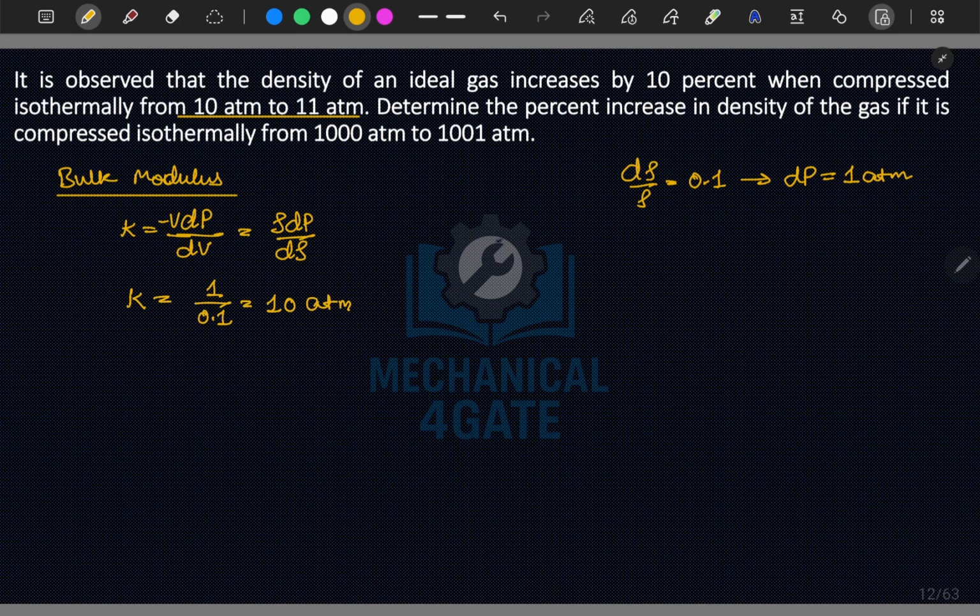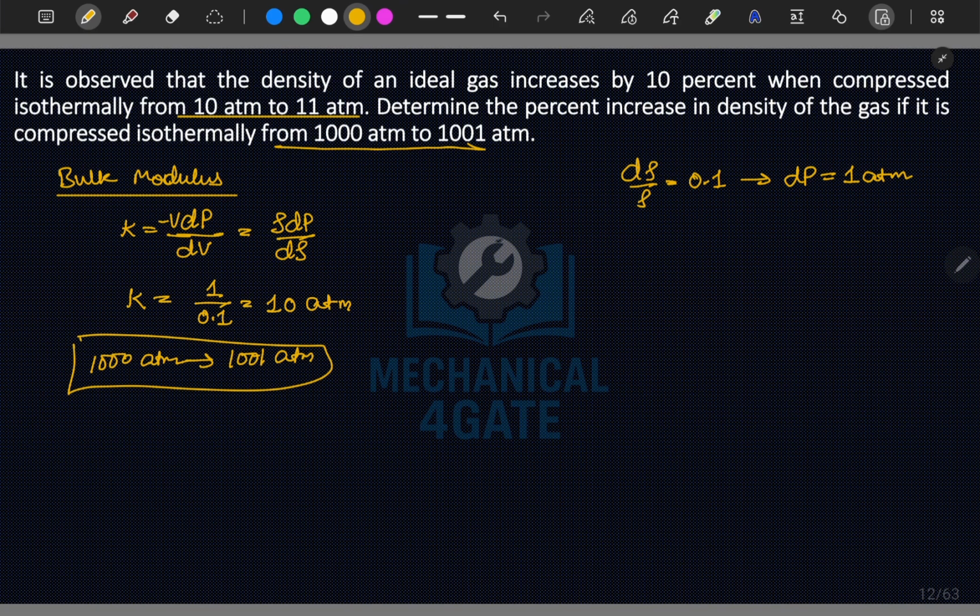Now we have to calculate the percentage increase in the density of the gas if it is compressed isothermally from 1000 atmosphere to 1001 atmosphere. Again the pressure difference, delta P, is equal to 1 atm only.